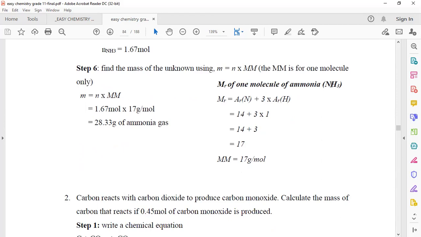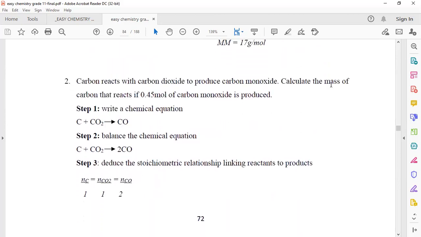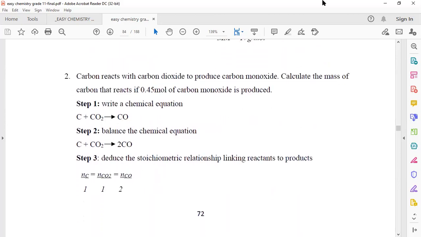What is important is, are you able to move from moles to mass? If you are given the moles, well and good. Work with the moles given, find the moles of the unknown, then link the moles of the unknown to the mass. Then you definitely find the mass. That is just another example right there.